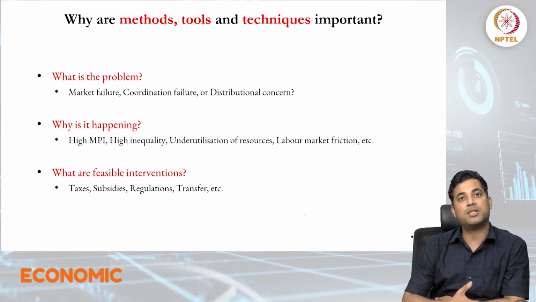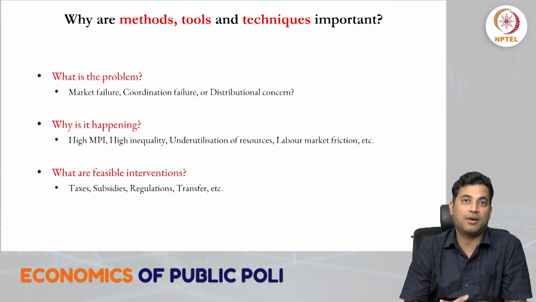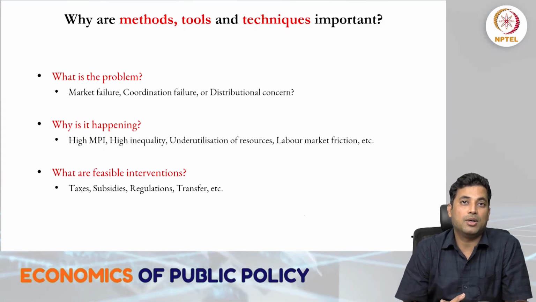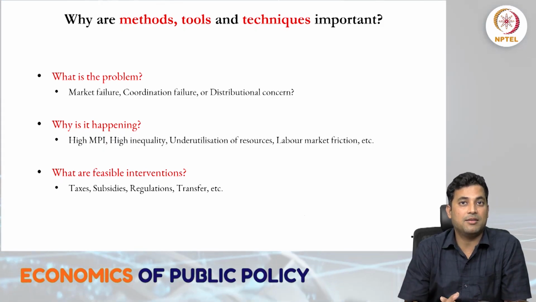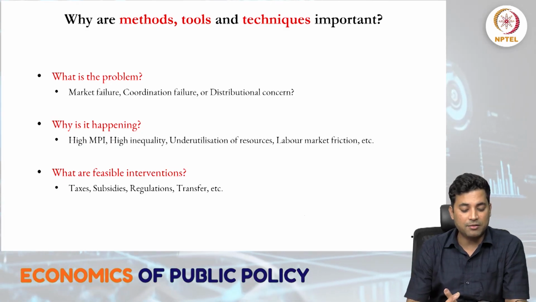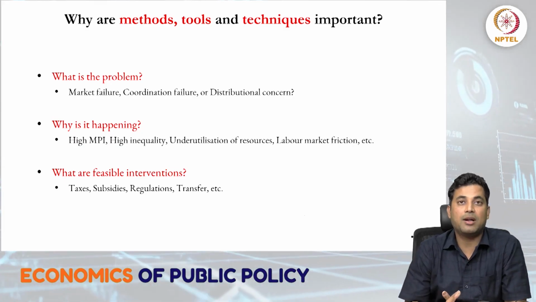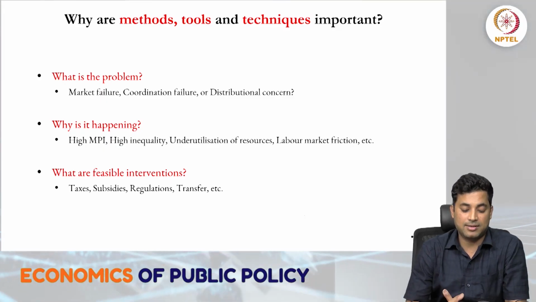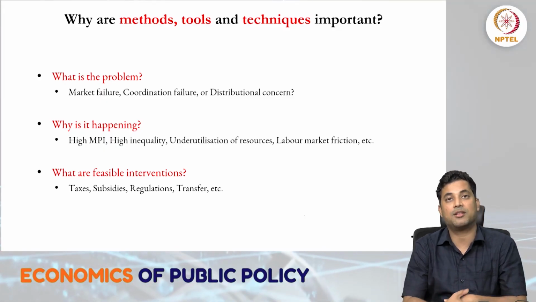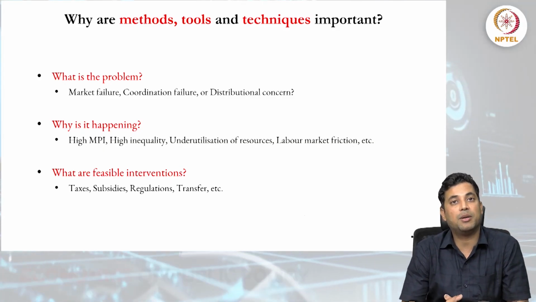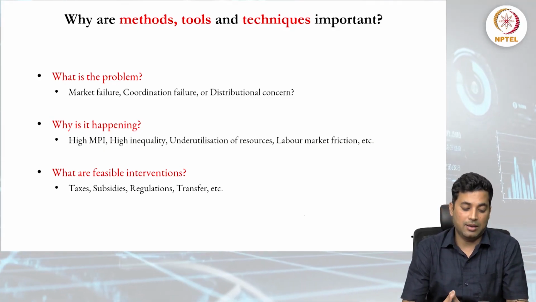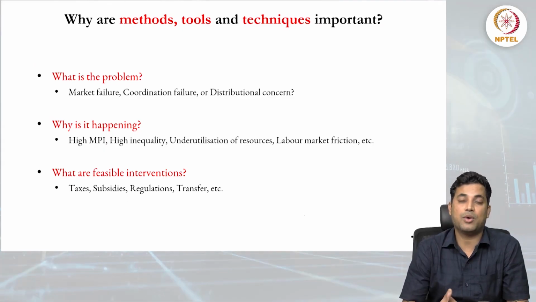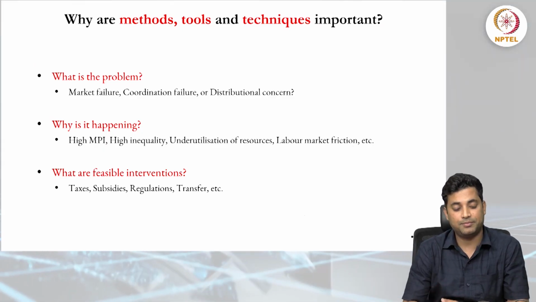So these are the problems that we identify, but then we also need to address them in a very scientific way. And what are the feasible interventions? Definitely we also discuss this. Taxes, subsidies, regulations and different transfers through various government programs can be the feasible interventions to address those problems.